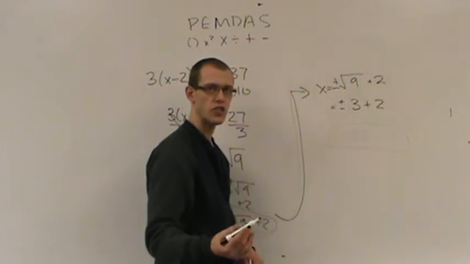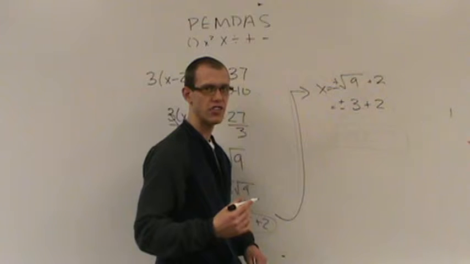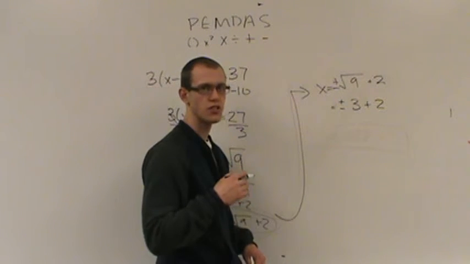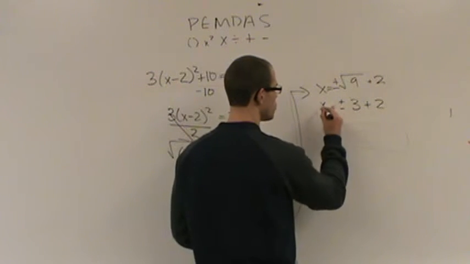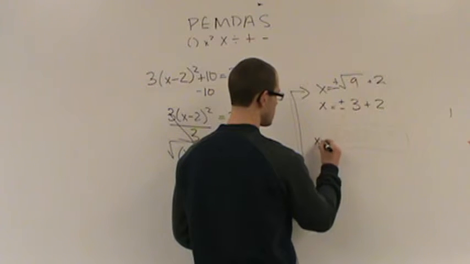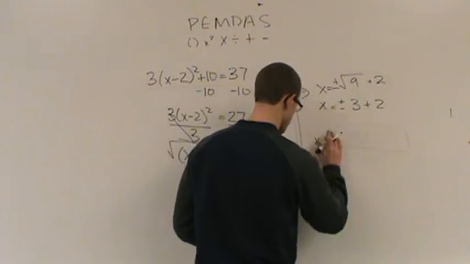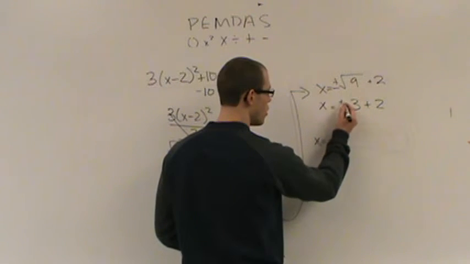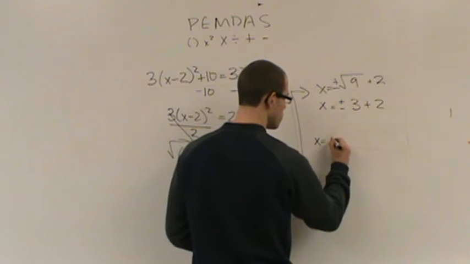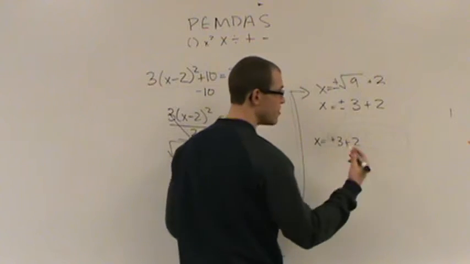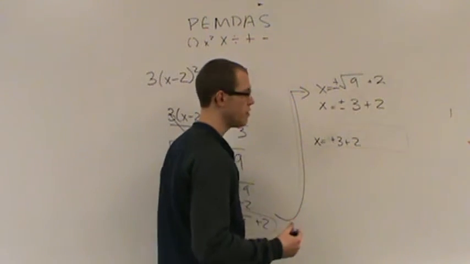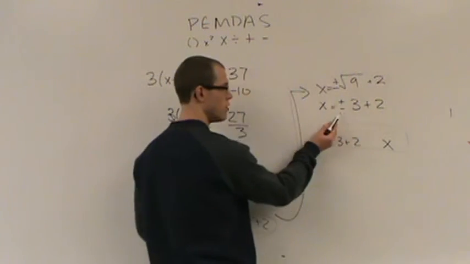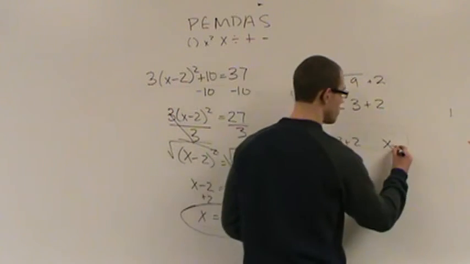Now the way that you should write this answer is to actually calculate these two different solutions out. So let me erase this plus sign real quick. You should have x equals plus 3 plus 2, and your second solution should be x equals minus 3 plus 2.